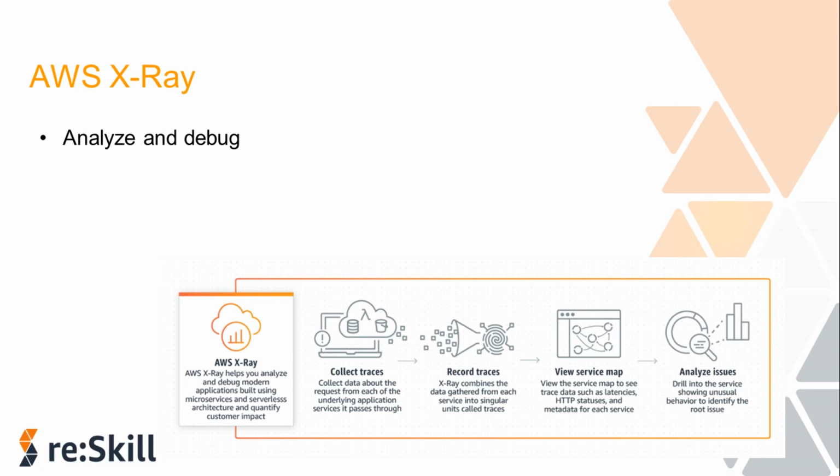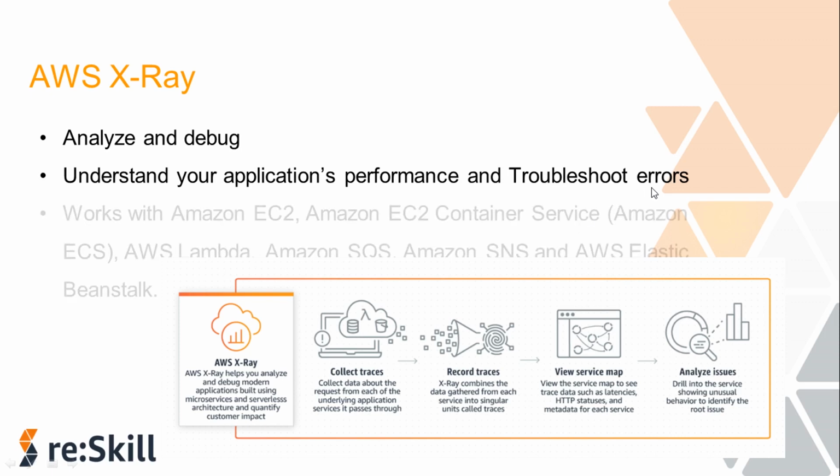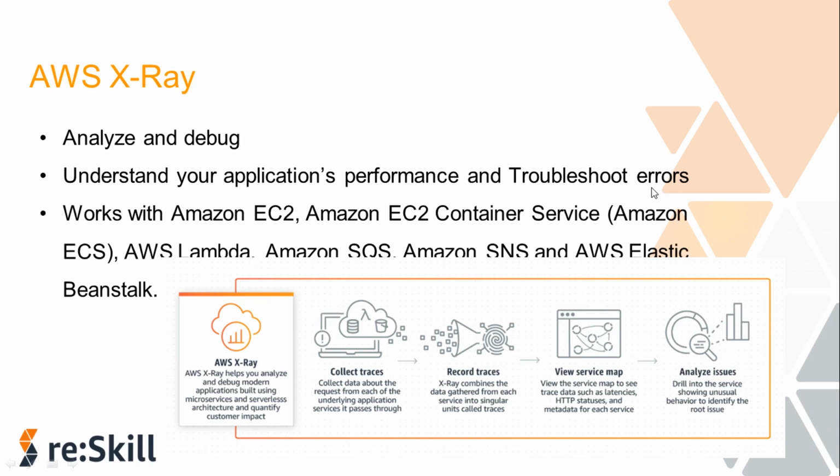It traces user requests as they travel through your entire application, and it aggregates the data generated by the individual services and provides an end-to-end view of everything, and that lets you understand how your application is working and how its underlying resources and services are performing, so that you can identify and troubleshoot the root cause of the performance issues and the errors. With X-Ray's tracing feature, you can follow a request path to pinpoint where in your application and what is causing the performance issues.